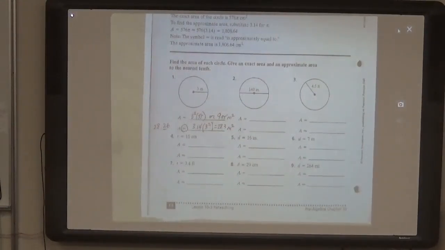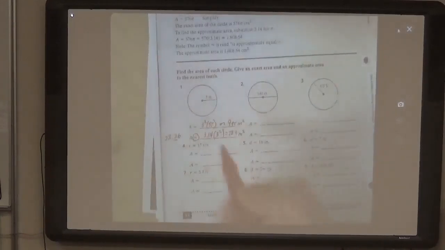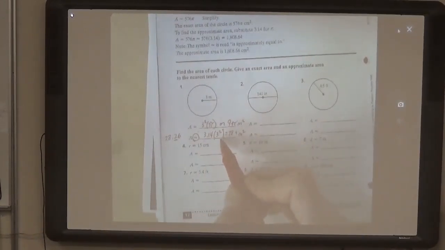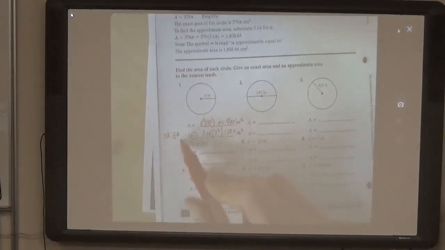Both. The approximate area is using 3.14 for pi. So we multiply 3.14 times the radius squared, and we get 28.26.